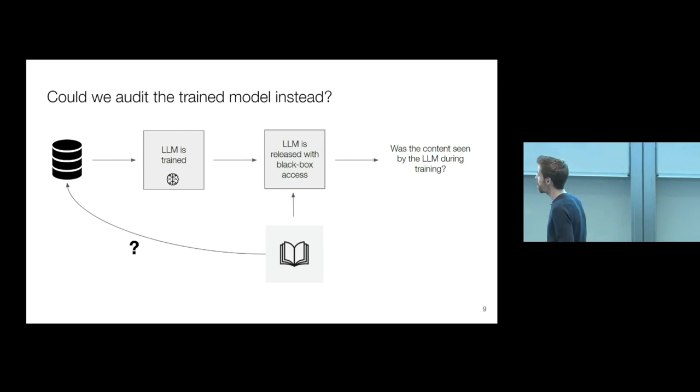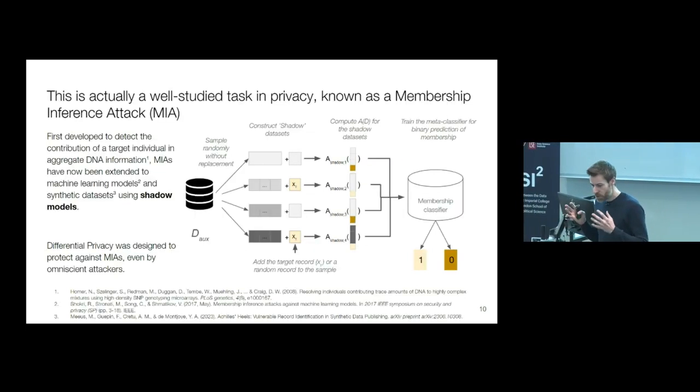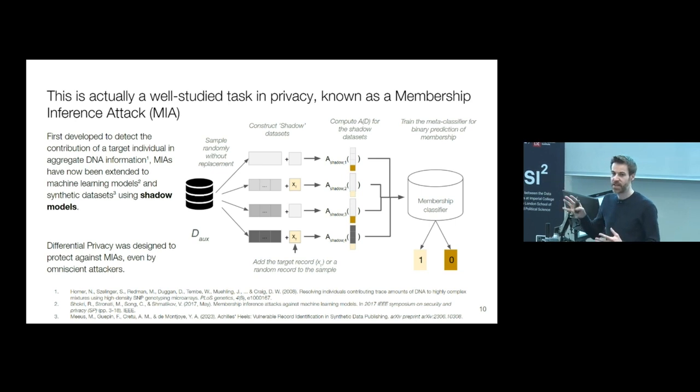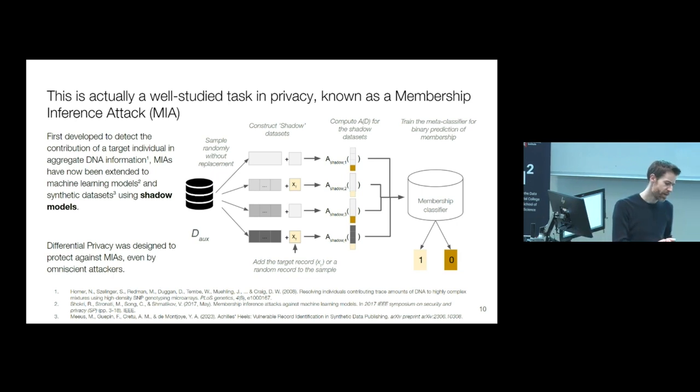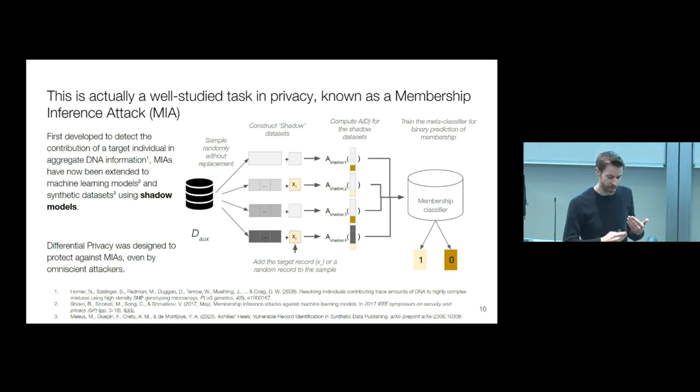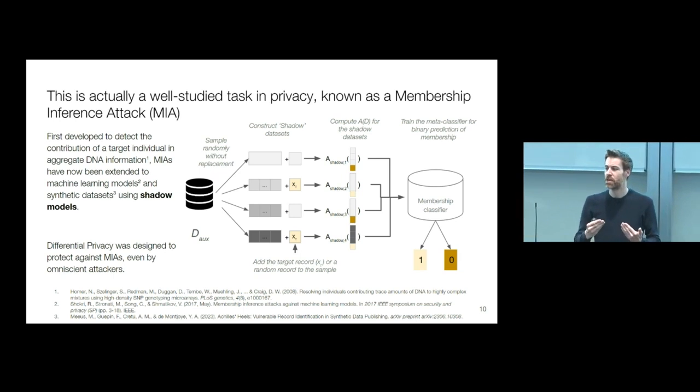Our idea was to use something that is actually a well-known problem in privacy. Privacy of machine learning models has been a topic for quite a long time. The gold standard started a long, long time ago, like 2000, 2008, when some tests were developed to see whether aggregates contained information about a single person in DNA data.